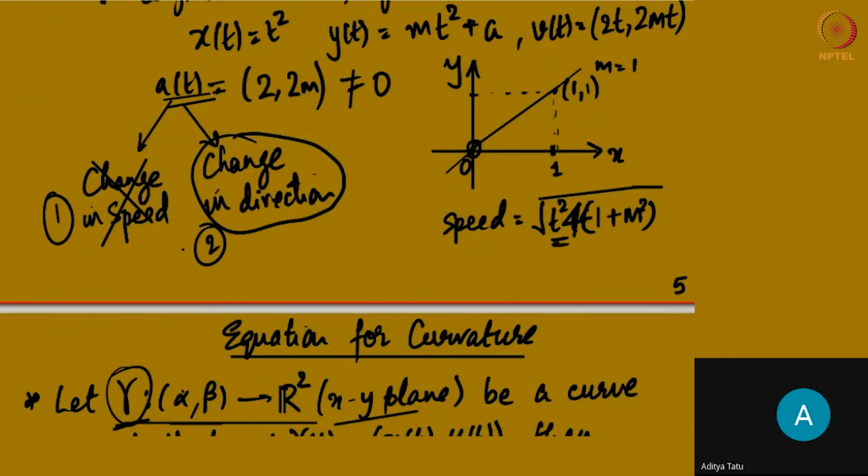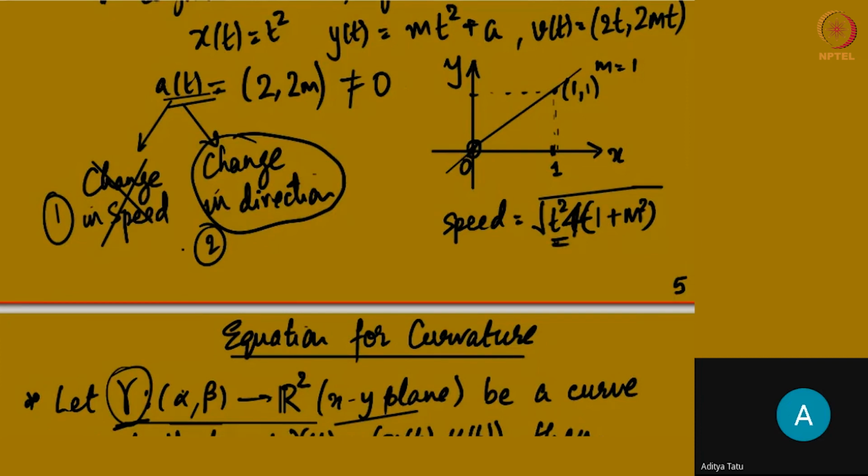Now, what is curvature? Intuitively, it's like if you are driving a vehicle on a particular path, how much do you have to turn your steering wheel in order to stay on the path? But of course, while traveling on the path, you can also accelerate or decelerate.